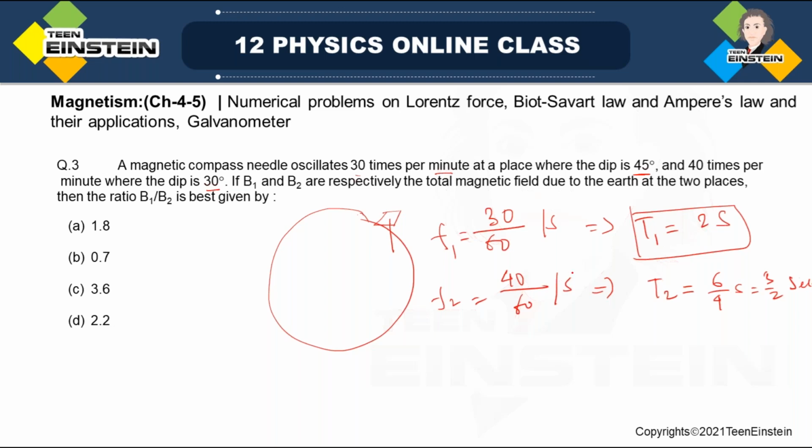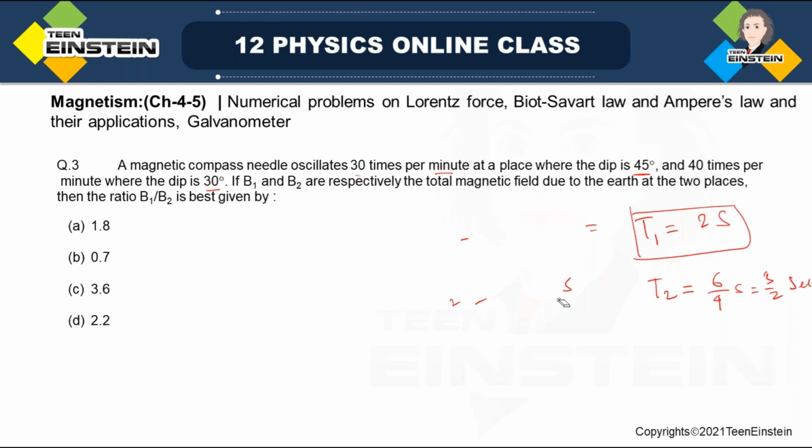Okay, so we have got the time period for both the places. Now we'll see, is there any relation between the magnetic field, time period, and the dip angle, etc. We'll see. So we have got T1 and T2.